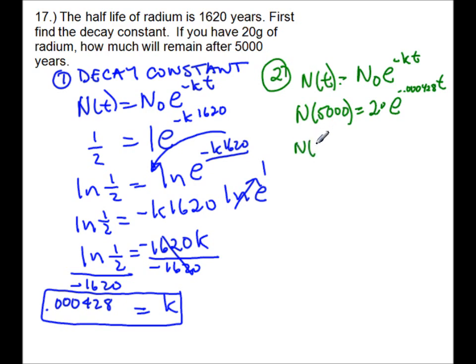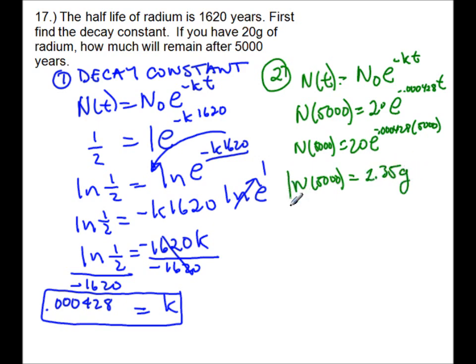So we get N of 5,000, so we get 20 e to the negative 0.000428 times 5,000. Now, at this point, this is a calculator problem, and when you plug this into the calculator, you're going to get 2.35 grams left after 5,000 years.